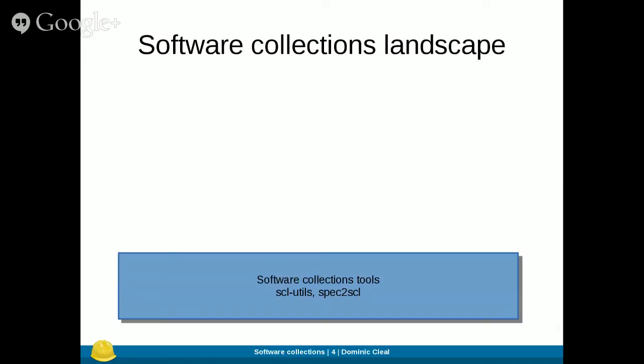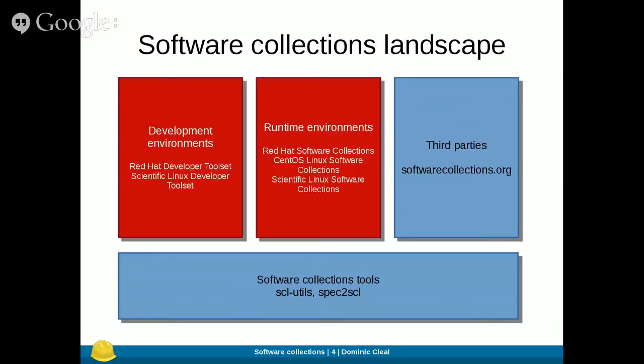On top of this tooling, and the tooling's in the distros, we have additional distributions of collections themselves. So we have development environments, such as Developer Toolset. That's a Red Hat product that's also been rebuilt by Scientific Linux. That ships things like Git, things like GCC, and other development tools. And we have runtime environments that we use in Foreman. This is Red Hat Software Collections.